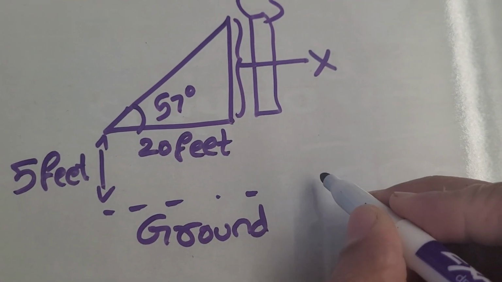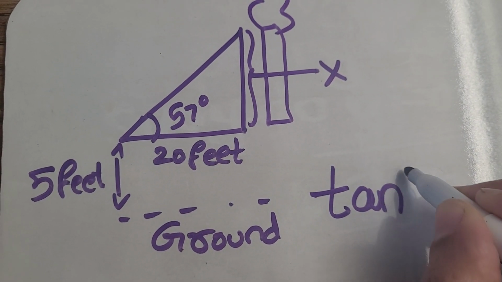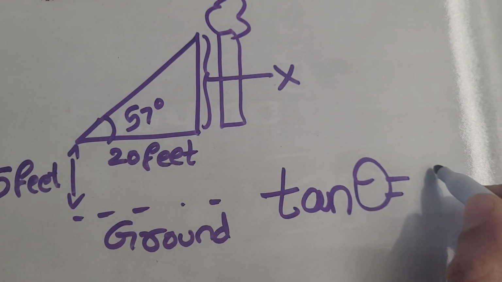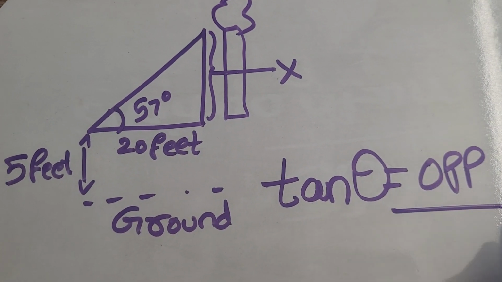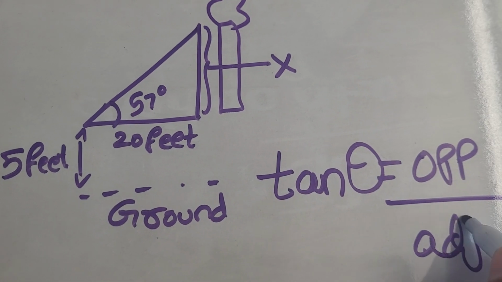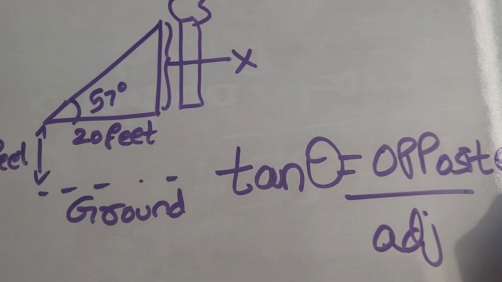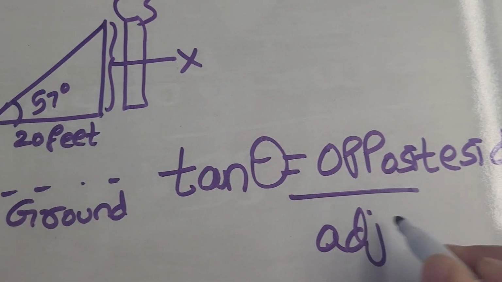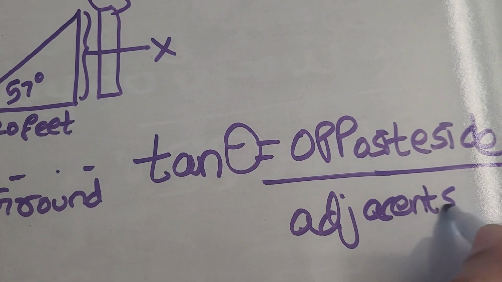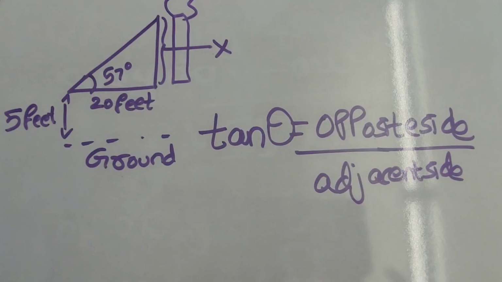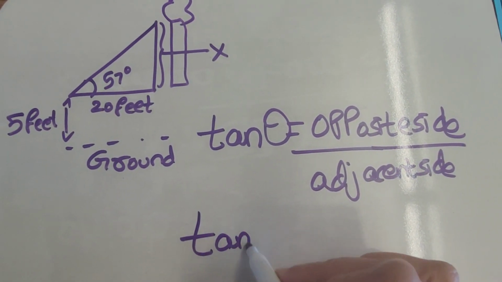In order to do so, we have a trigonometric ratio which is called tan theta. Tan theta can be found by using the formula tan theta is opposite side by adjacent side. So for this figure, theta is 57 degrees.